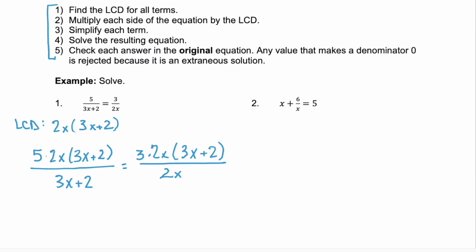Now we need to simplify each of these terms. The first term has 3x plus 2 in the numerator and the denominator. Those simplify out. And the last term has 2x.